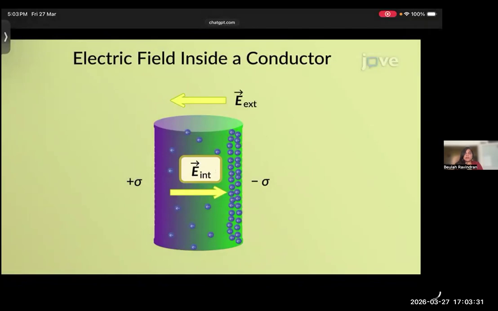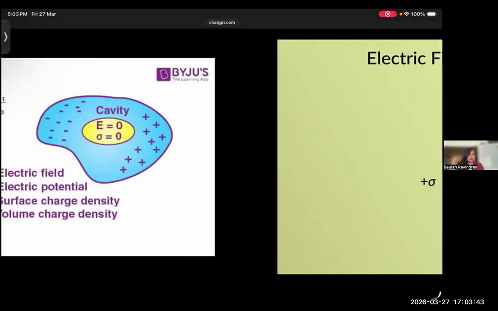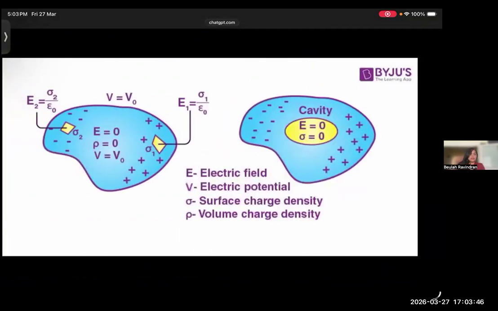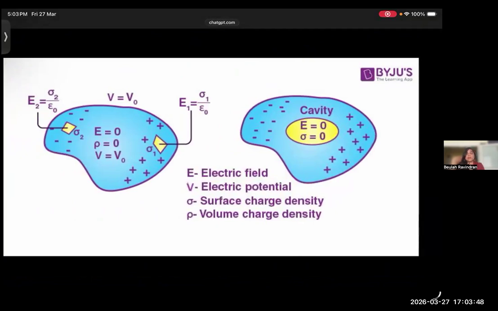So that is what is given here. Inside this conductor, there are no charges. The charge inside the conductor is 0. So when equilibrium is reached, the electric field inside is 0. Rho is the letter given for volumetric charge density. So volumetric charge density is 0 inside the conductor.